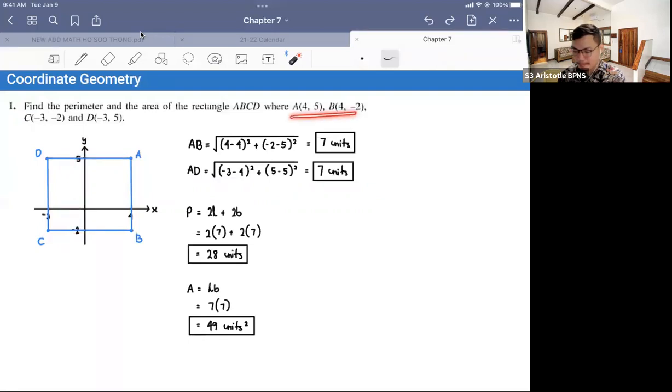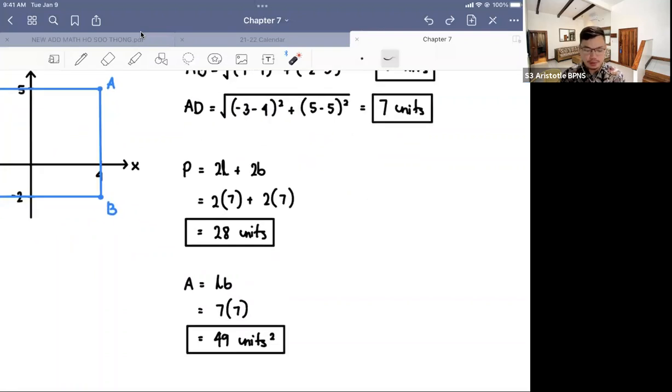Okay, so AB is correct: negative 3 minus 4 and 5 minus 5. All right, 7 units.